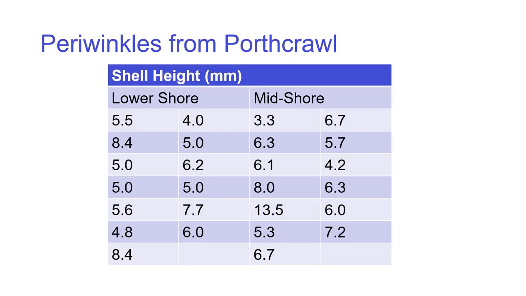You've measured how long they are in millimeters, and you want to compare: is there a difference in the size between the lower shore and the mid shore? This might suggest that there's tidal evolution and that there are different properties between the lower shore and the mid shore, that they're evolving into separate species or subspecies of periwinkles.